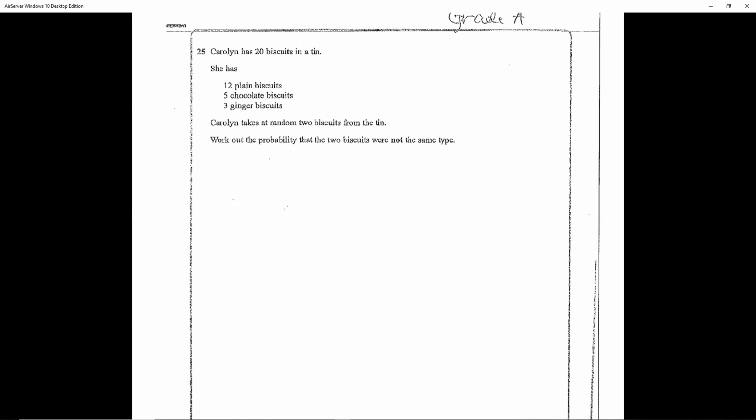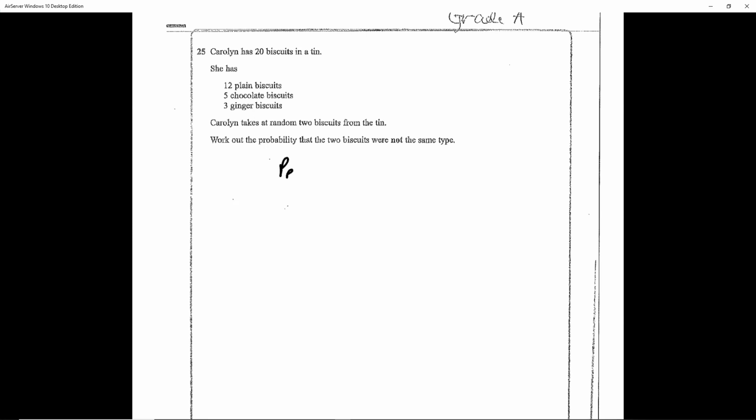Okay. So probability that they are not the same type. Not the same type means it can't be plain, plain, or chocolate, chocolate, or ginger, ginger. So how would we think about this question? If they were the same, what would we work out?